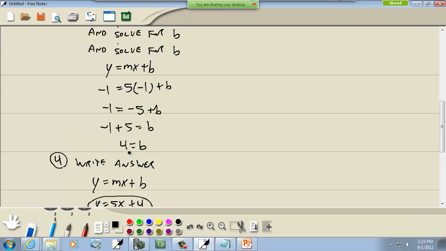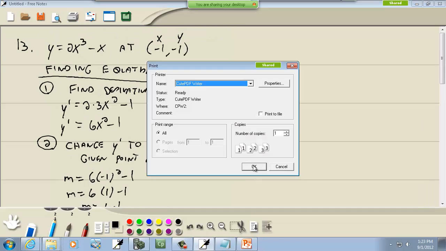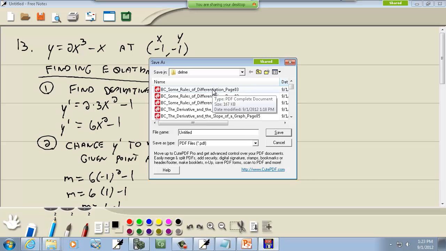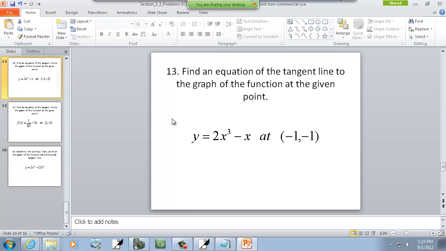And I don't know if I have room for the next problem there, so let me save this. There we go. And let's look at the next problem. Now I believe it's using the exact same steps.